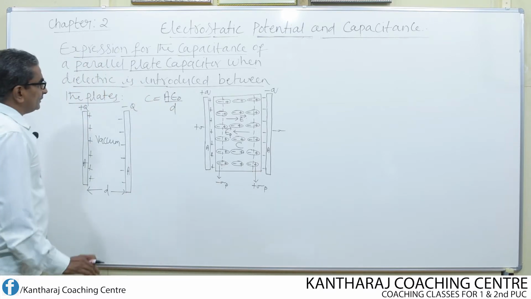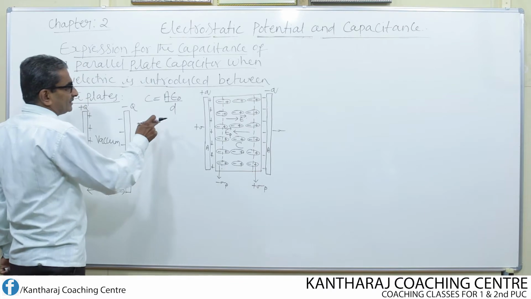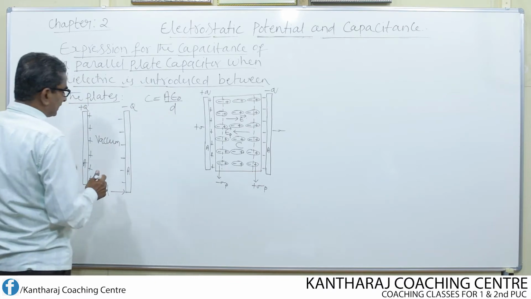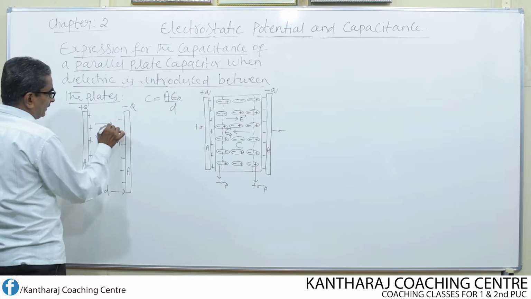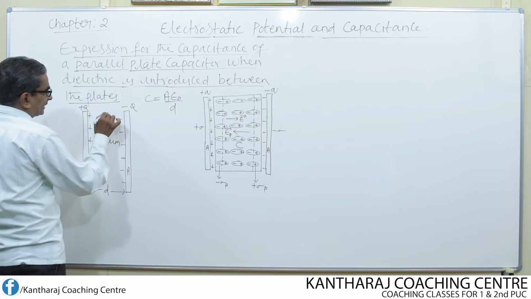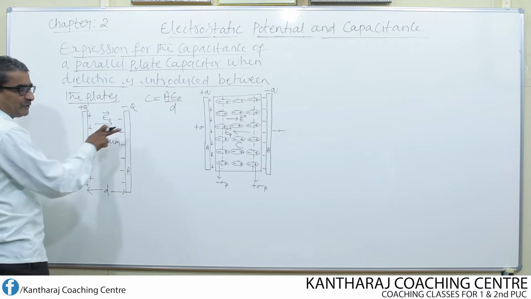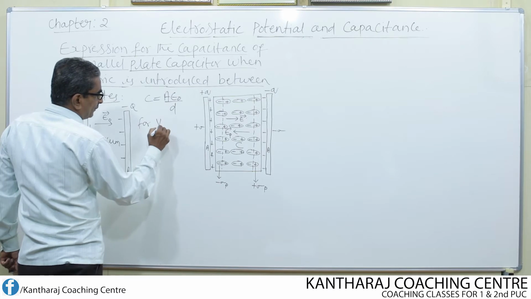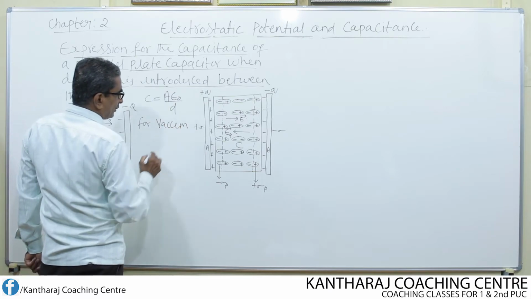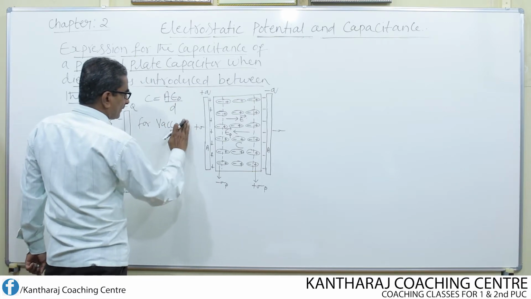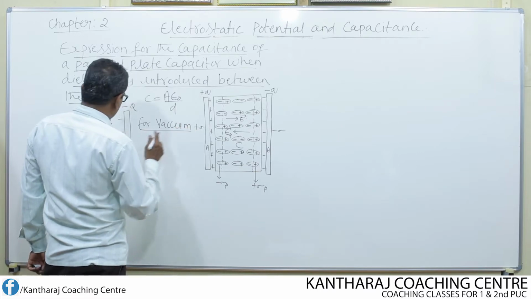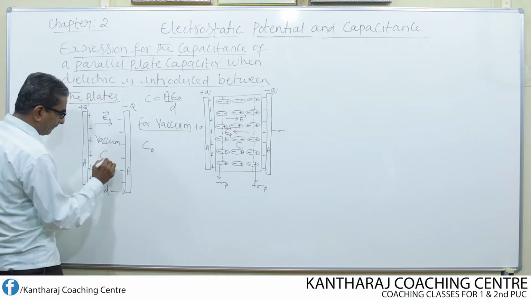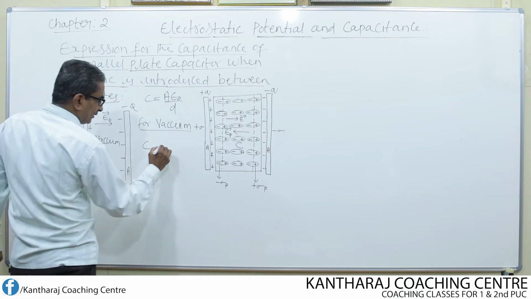Okay. Now, let us once again arrive at this equation. How? By considering the electric field. Let E naught be the electric field between the two plates, which is always from the positively charged plate to the negatively charged plate. So, for vacuum, I write C naught as the capacitance.